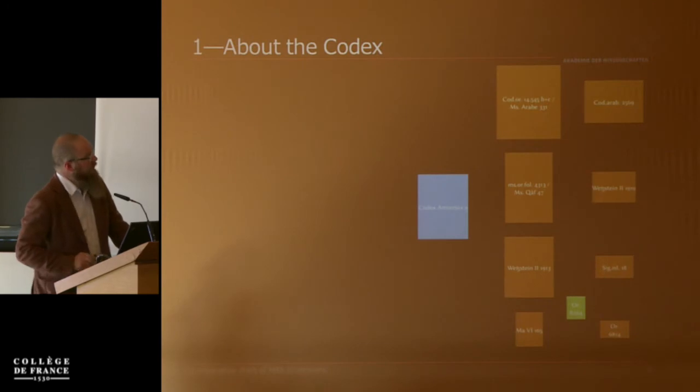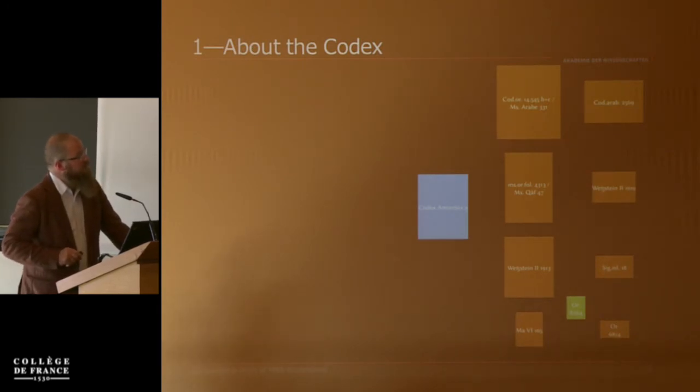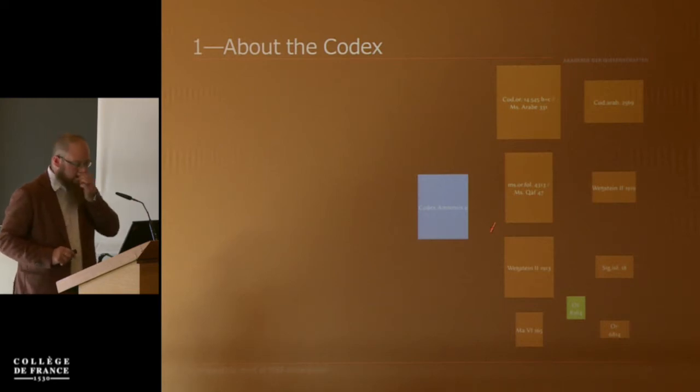The dimensions of the codex, here you have some, those are the upright ones. You have some early Hijazi codices.